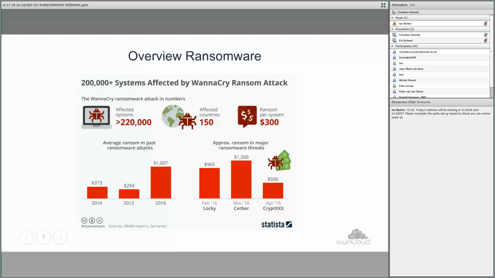And when you look at the other numbers, we actually have an increasing ransom number up into the four digits now.